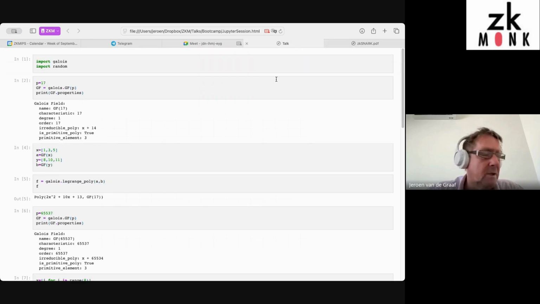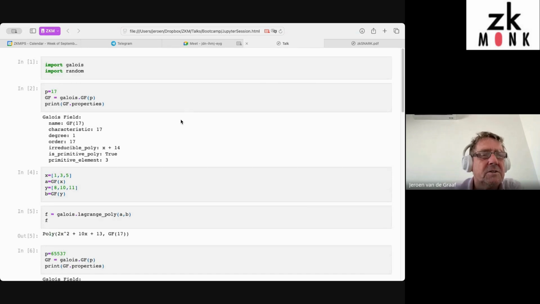Let me see, does this work if I switch? Yeah, okay, so this is a Jupyter session, and you can see I used Galois, which is something special that's handy for doing all these computations with polynomials.